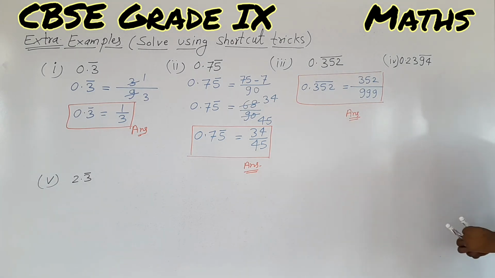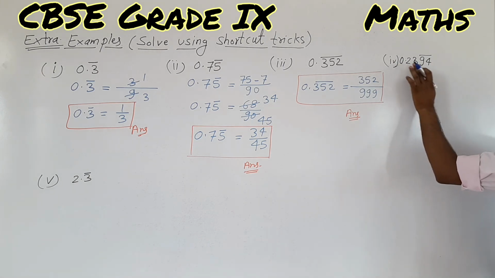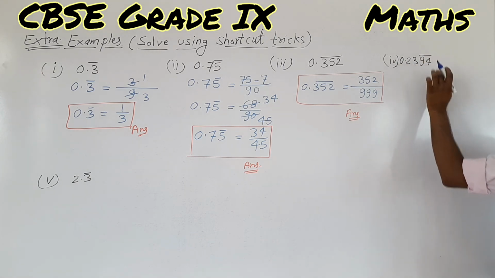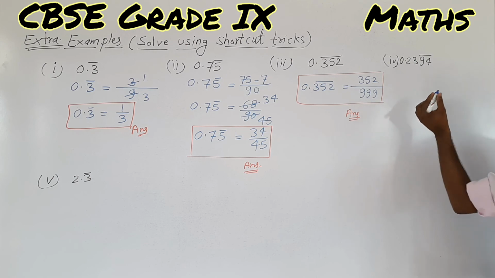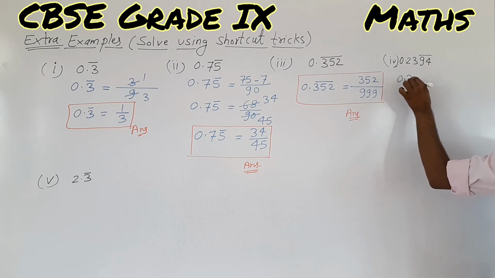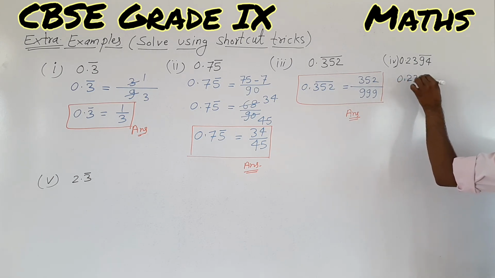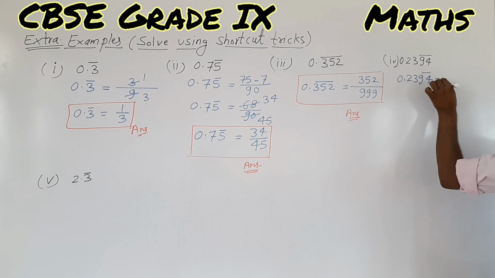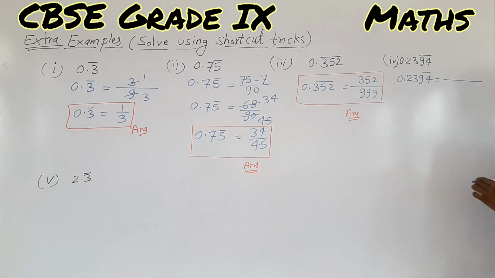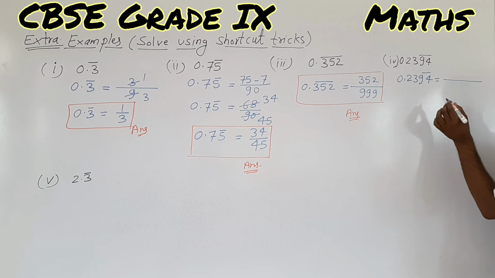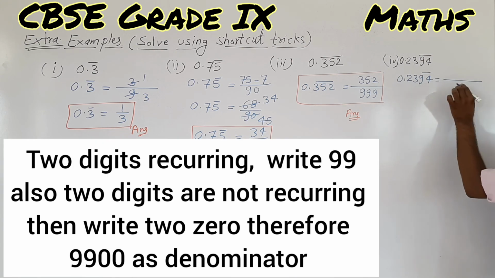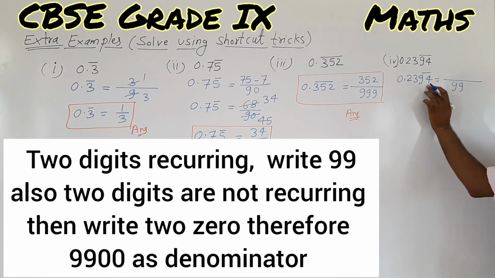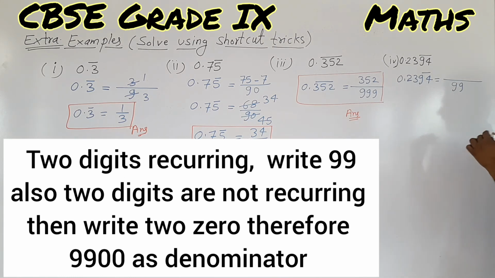Fourth part is 0.2394 bar. Only 94 has the bar. Then you write here 0.2394 bar equal to, in denominator you write how many 9s? 2 9s, because 2 digits are recurring. Then after, how many digits are not recurring? 2 digits are not recurring. Then you write 00 here.